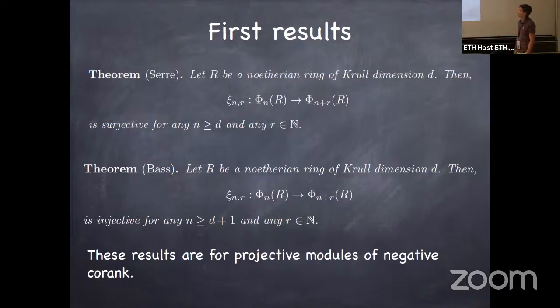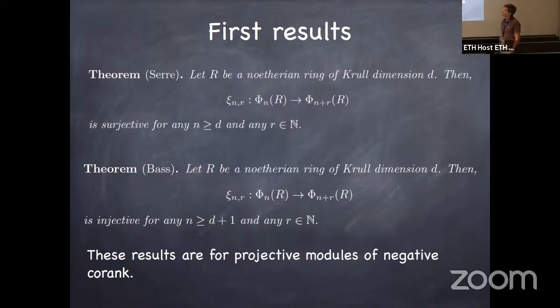It says that if the ring is of Krull dimension D, and here it's an approximation because the real theorem is about the maximal spectrum of R, but the approximation is that we take a Noetherian ring of Krull dimension D, and if N is larger than or equal to D, then anything on the right is in the image of something on the left. So we say that they split off free factors of rank R; if you put R equal to 1, it's a free factor of rank 1.